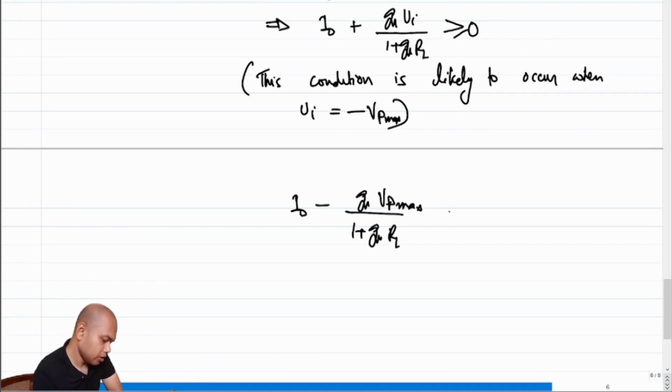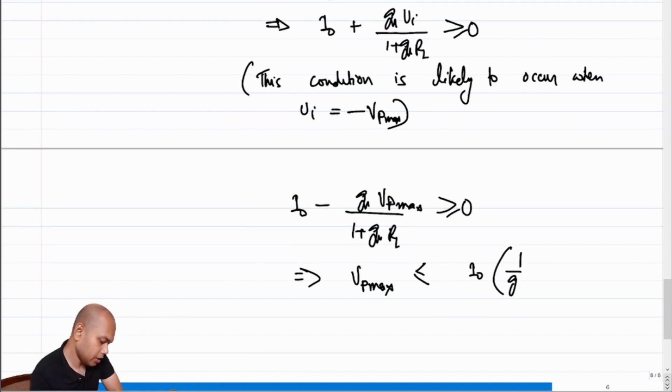This should be greater than or equal to 0. In other words, Vp max has to be less than or equal to I naught times 1 by gm plus RL.